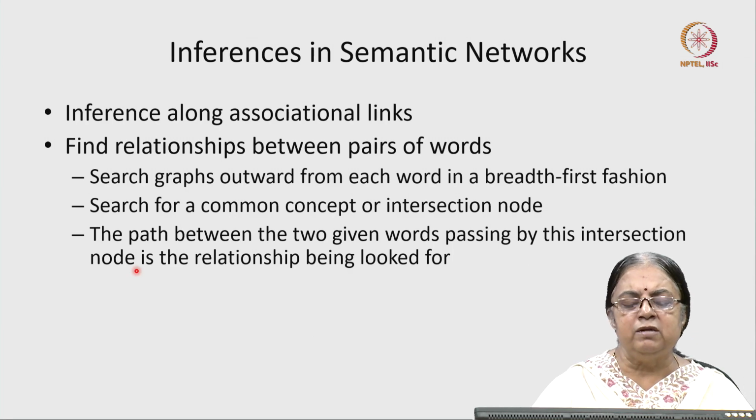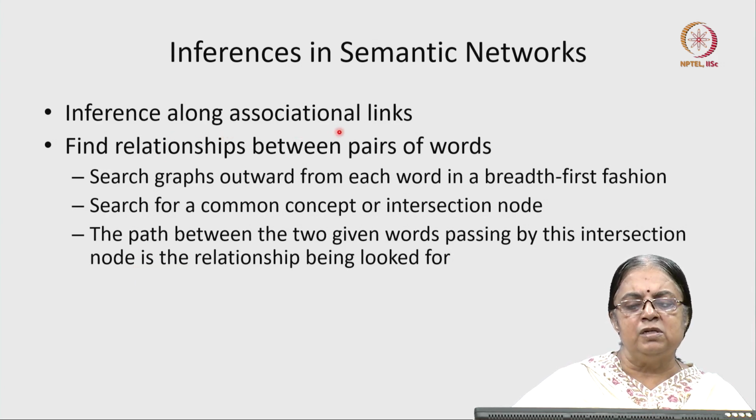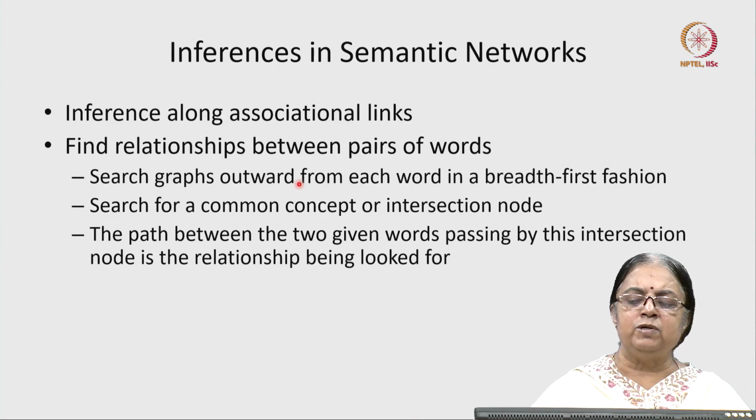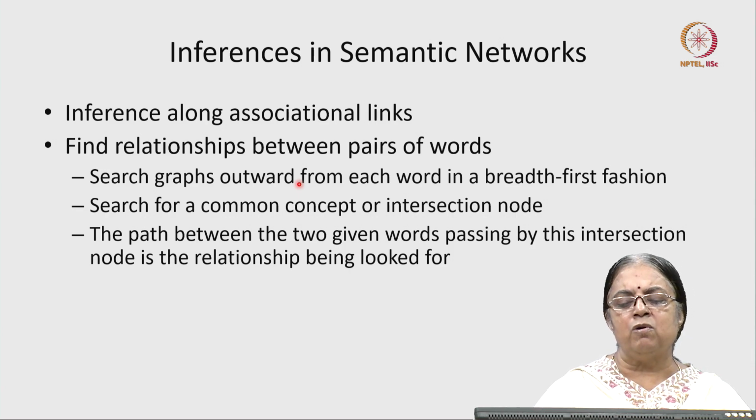So, how do you calculate inference? You need to go along the links of your network. Okay. So, inference is along the associational links and you need to find relationship between pairs of words. So, if you are starting with the particular word, you start going outward from this word in a breadth first fashion, and you try to find some type of common concept.